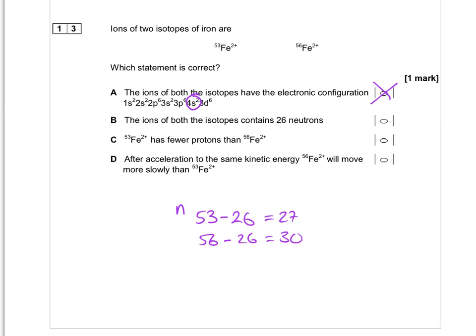To be honest, you didn't need to work that out, because any question that has 2 isotopes can be worked out simply by knowing that 2 isotopes of the same element have the same number of protons and a different number of neutrons, so it's obviously got to be incorrect.